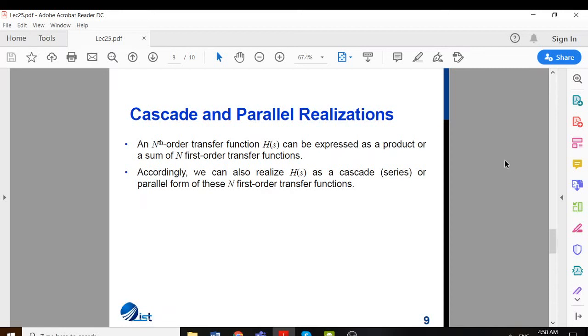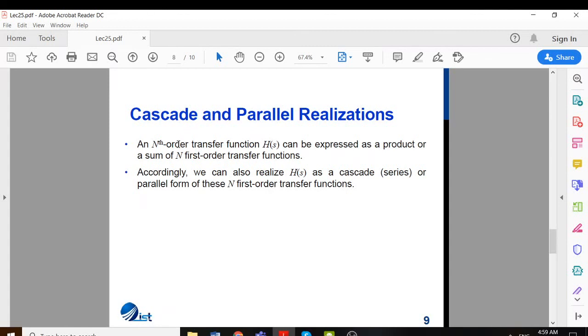But the transfer function can be expressed as a product or a sum of smaller terms, first order terms or second order terms. A situation where the transfer function is divided into many small first order transfer functions, as a product or a sum, is known as a cascade or a parallel realization.